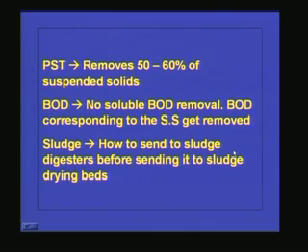And in wastewater treatment, the primary sedimentation tank removes around 50 to 60% of the suspended solids, but coming to the soluble BOD, the removal is almost negligible. And what do we do with the sludge collected in the primary sedimentation tank? It is of organic nature, so we cannot directly dispose of it.